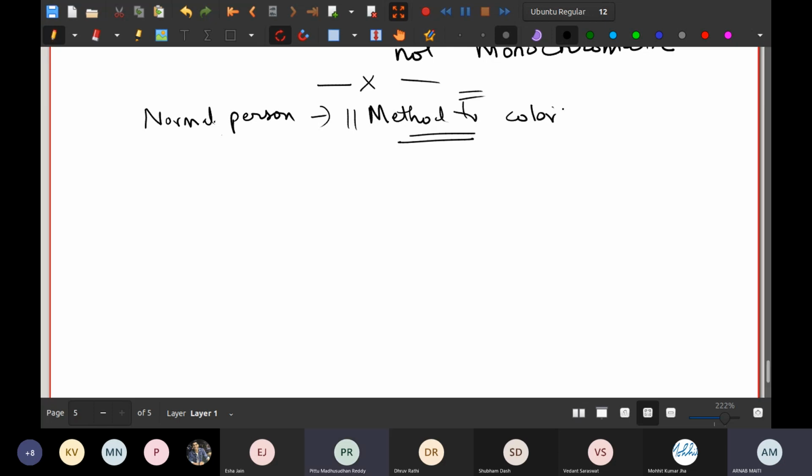So ideally, let's think from a normal person's perspective. Someone who doesn't know probability. So he'll try to come up with a method to color and show that this coloring will achieve what we want.